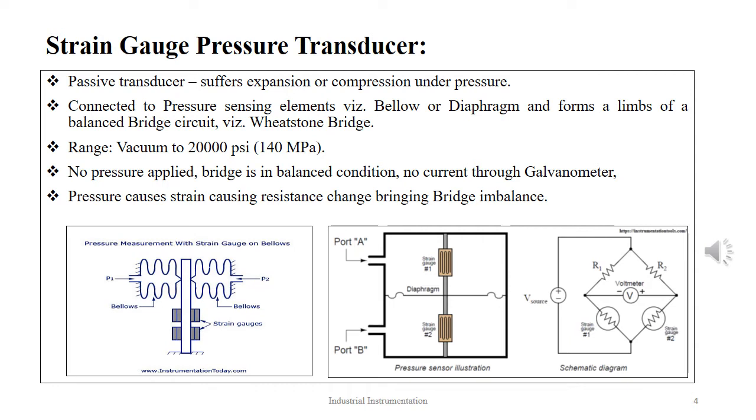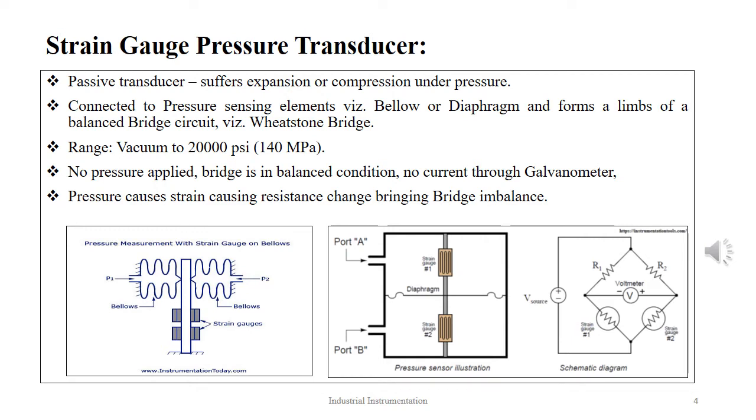The strain gauge can be used to measure pressure over a wide range spanning from vacuum pressure to 20,000 psi or 140 megapascal. When there is no pressure applied on the strain gauge, the bridge circuit is in a balanced null condition with no current flowing through the galvanometer.